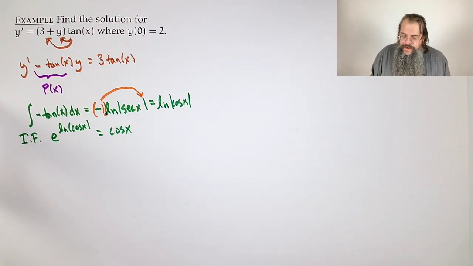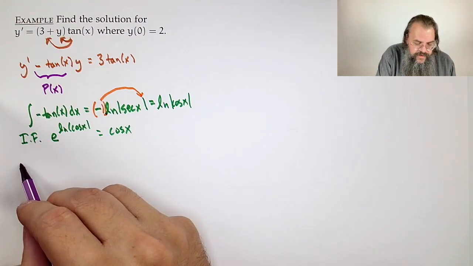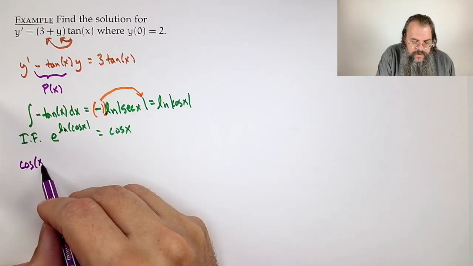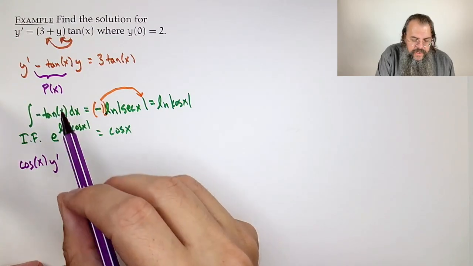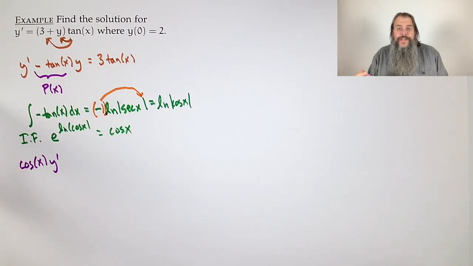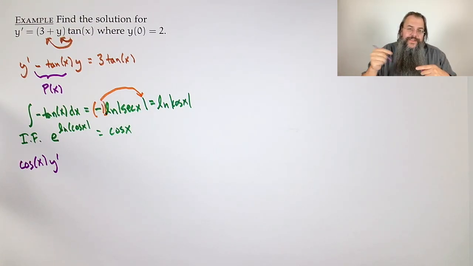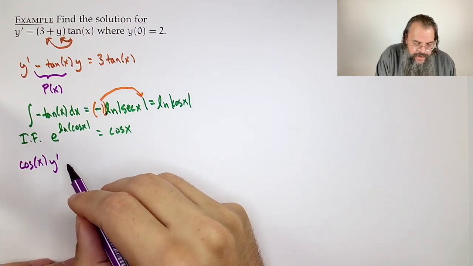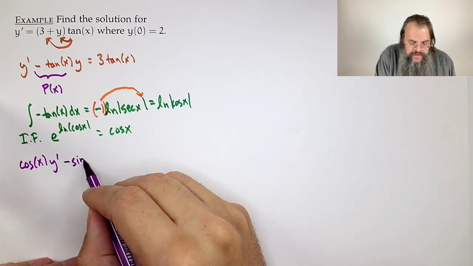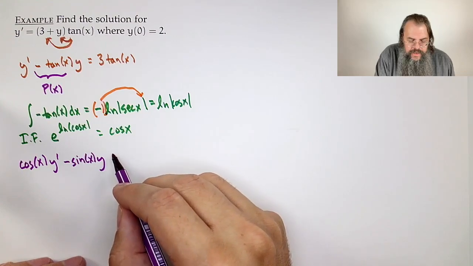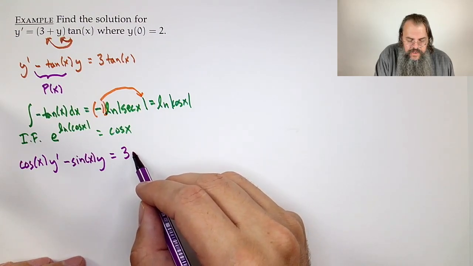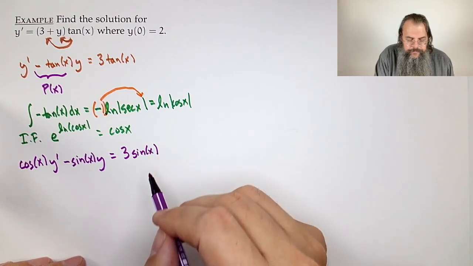We do that, and we get cosine of x times y prime, and then tangent times cosine. Well, tangent is sine over cosine, and so when we multiply by cosine, the cosines cancel, so it becomes minus sine of x times y equals, on the other side, 3 sine of x.